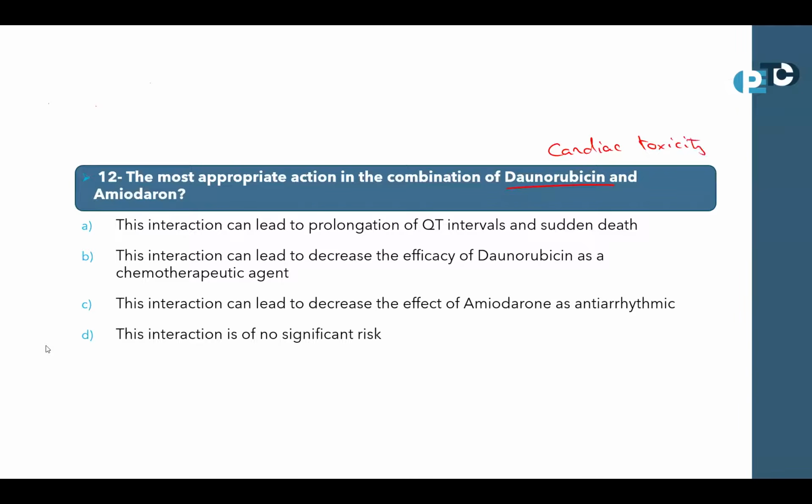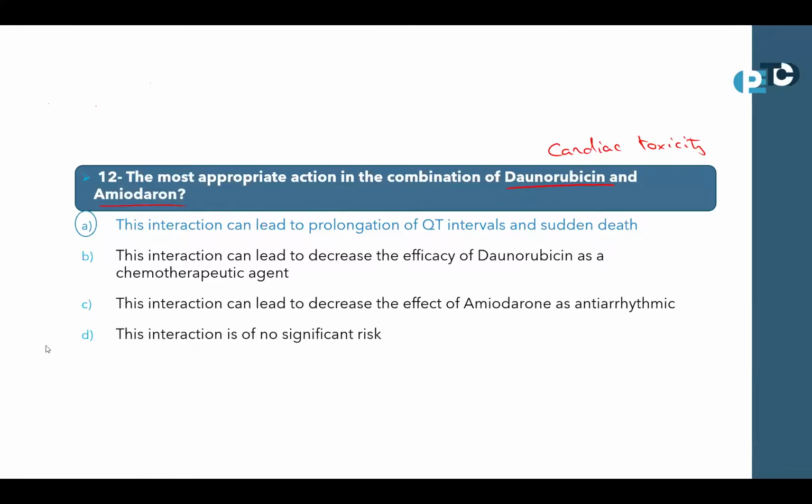If we use it with amiodarone, the interaction here may lead to QT prolongation, okay, and may lead to sudden death. So the most appropriate action regarding this interaction is that QT prolongation and sudden death may occur.